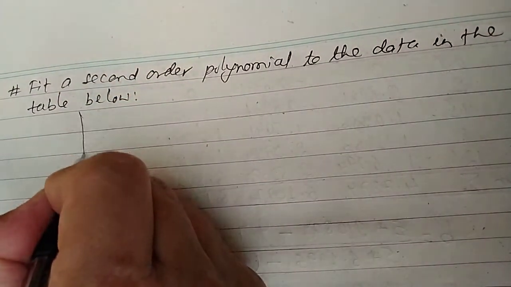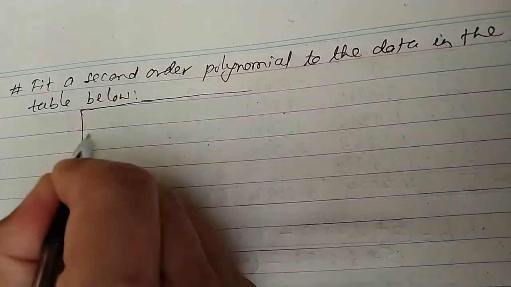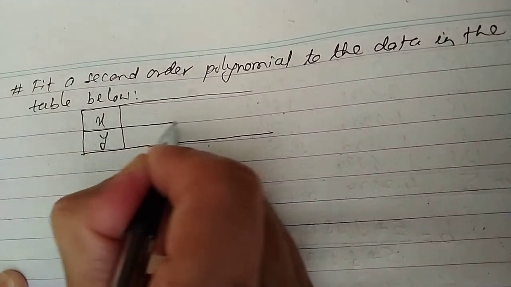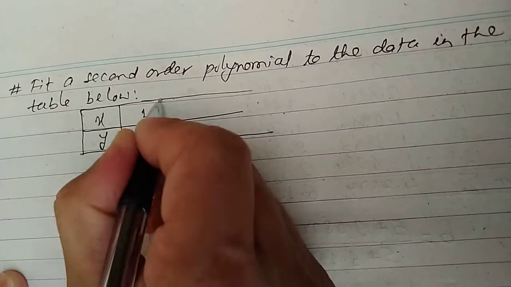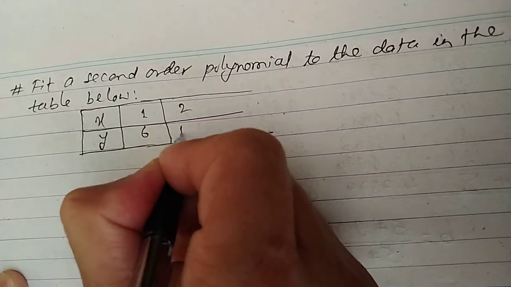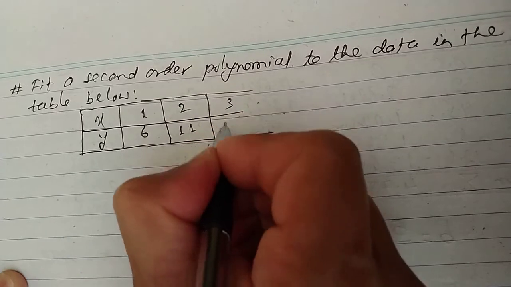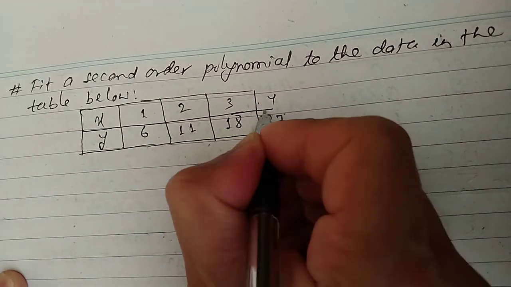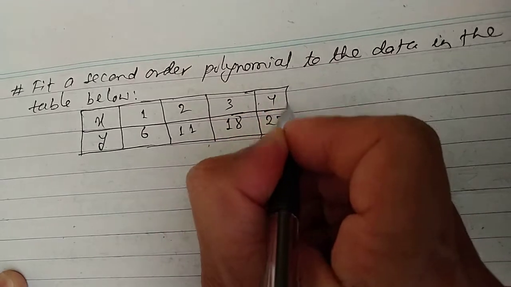So you are given data of x and y. At 1 it is 6, at 2 it is 11, at 3 it is 18, and at 4 it is 27. So this is given in the question.